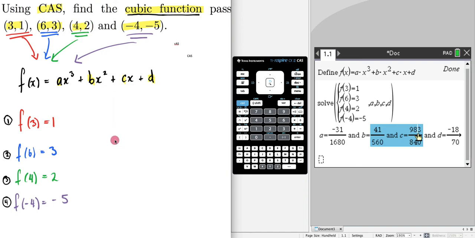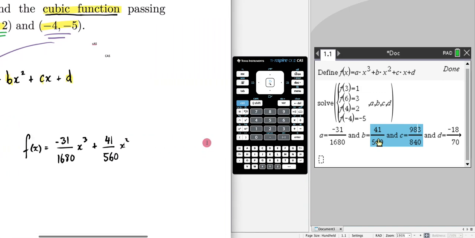Hopefully it does. So I'm going to say that f of x is going to be equal to -31 over 1680 x cubed plus, now my b is 41 over 560, that's going to be x squared.